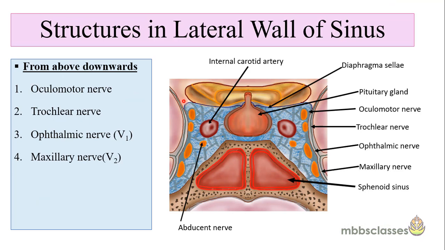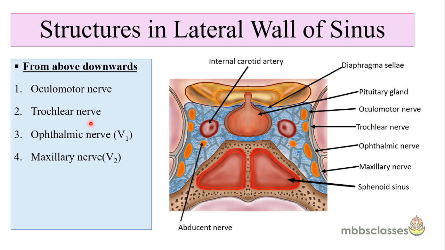The cavernous sinus is related to multiple cranial nerves. So if we see the lateral wall of the cavernous sinus, let us see what structures pass through it. It is the oculomotor nerve, that is the third cranial nerve, the trochlear nerve, the fourth cranial nerve, the ophthalmic nerve, which is the first division of the trigeminal nerve, and then the maxillary nerve, which is the second division of the trigeminal nerve.